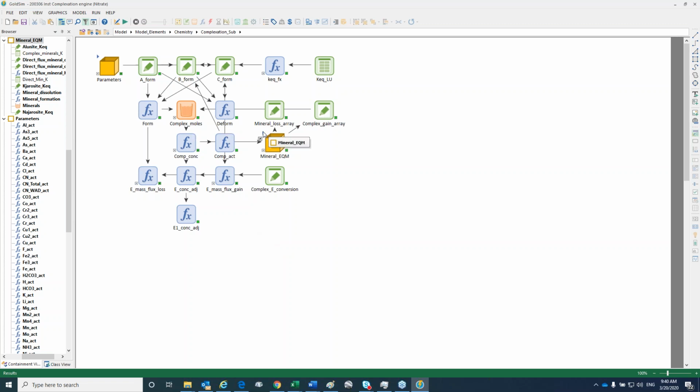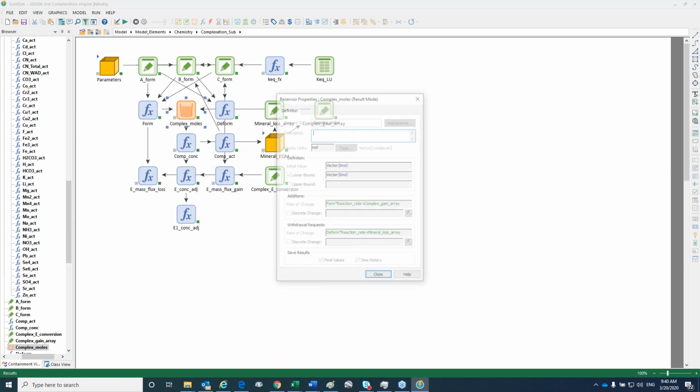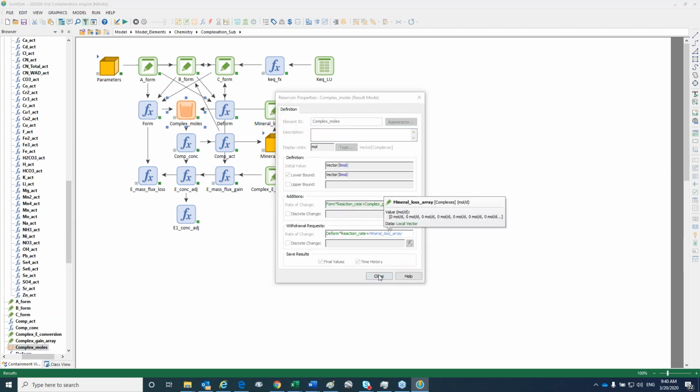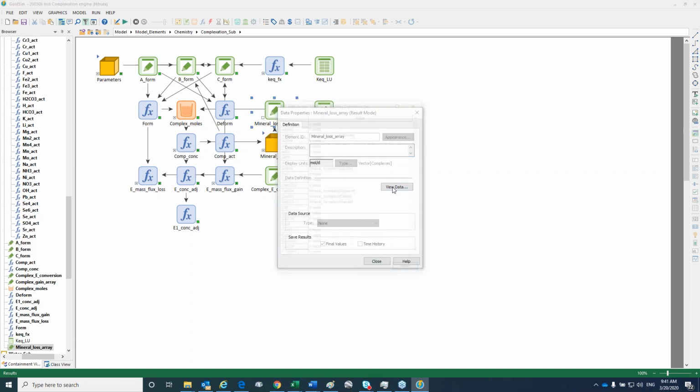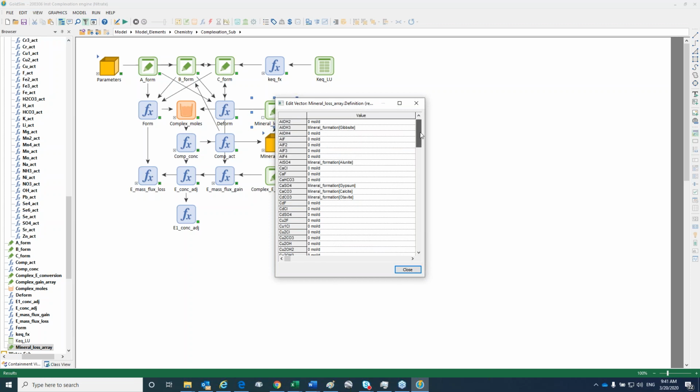And in terms of the mineral loss, that comes from the mineral loss array and the mineral complex gain array, and those are just right here. And we're just basically informing these arrays from the mineral formation rates. And the way that looks is relatively straightforward.